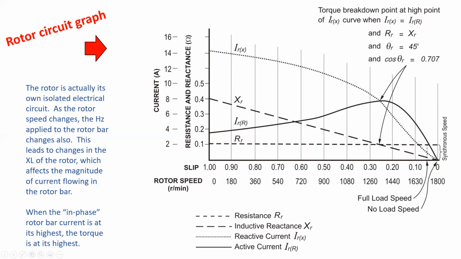Now, we don't have to go into great depth on a graph like this. Instead, all we need to bring to the table is to understand that if the power factor of the rotor circuit is 0.707, that will be where the maximum breakdown torque is achieved.